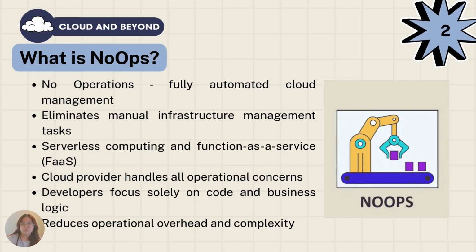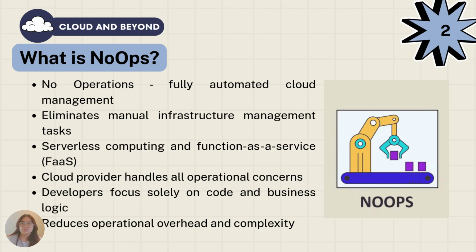So developers can simply write their code and deploy it, and the cloud provider automatically handles all the operational concerns such as scaling, patching, monitoring, backups, and disaster recovery. So you never think about your servers. Very powerful because it frees up your team from operational toil.